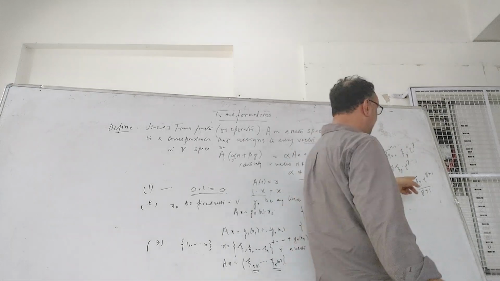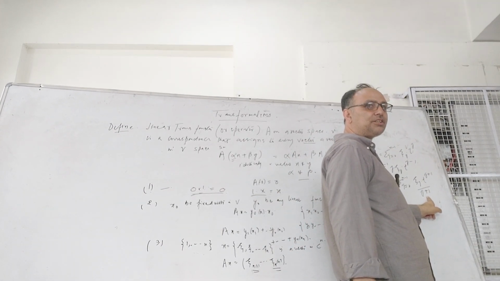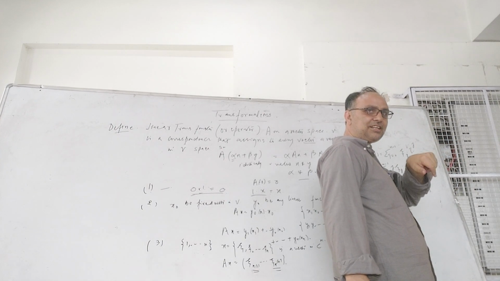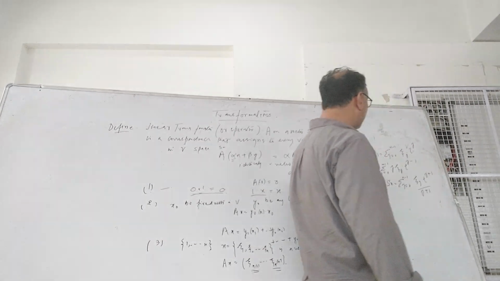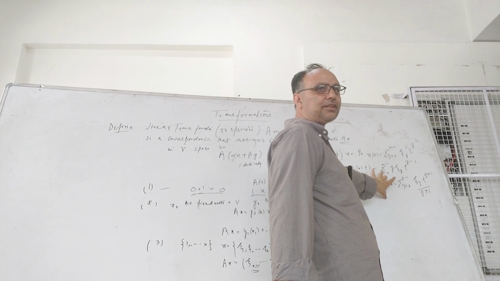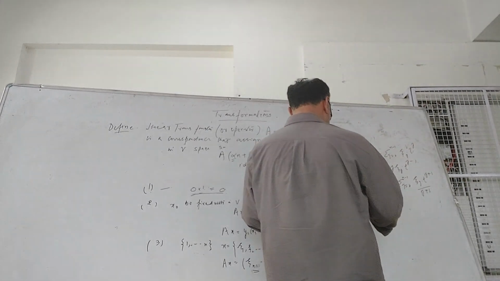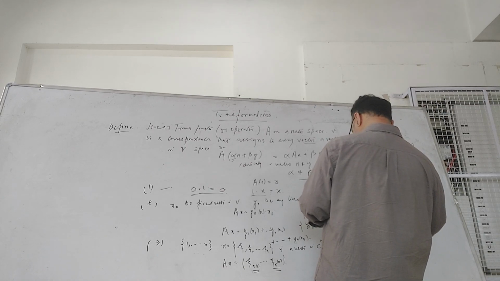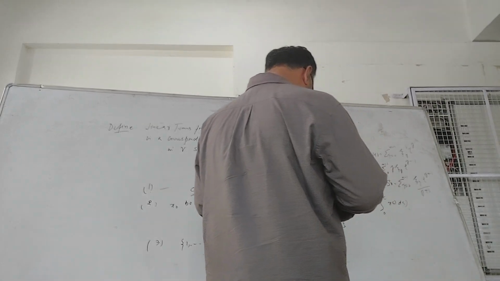For example, if you integrate t to the power j, it will be t to the power j plus 1 in the denominator. The integration of x to the power n will be x to the power n plus 1 divided by n plus 1. So it's the same thing. It's an integral of a function operating on the vector space. This is the differential of a function. So you can say it's like x(s) ds.